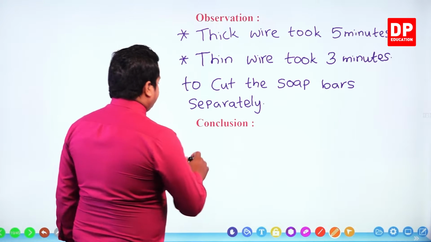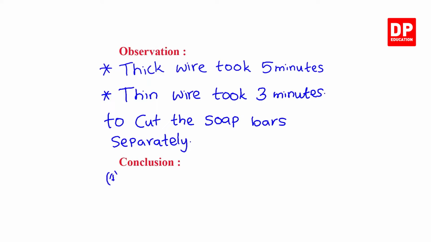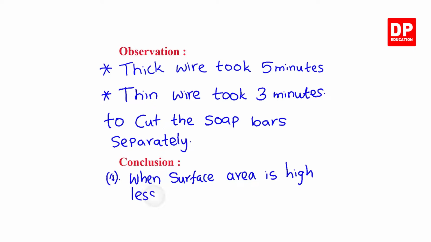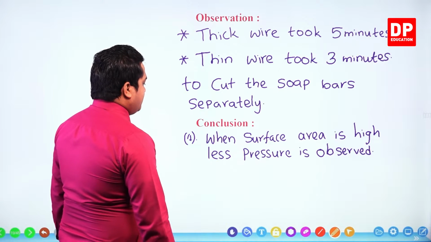So we can write: number 1, when surface area is high, less pressure is observed.